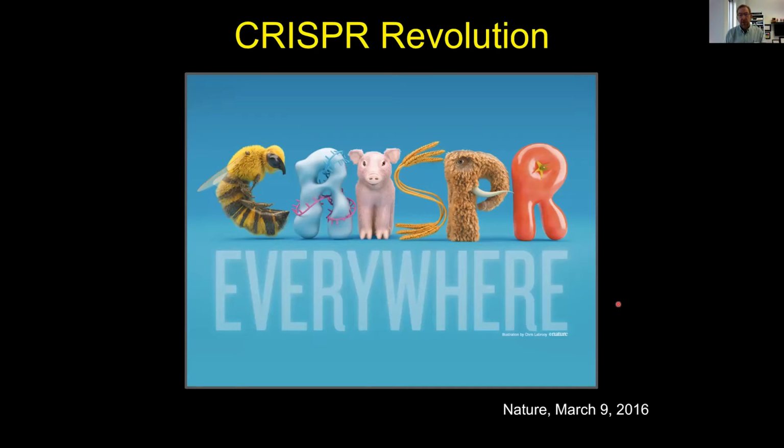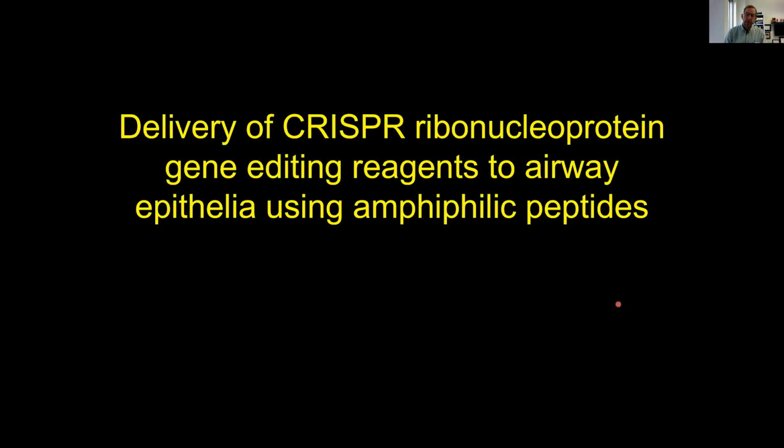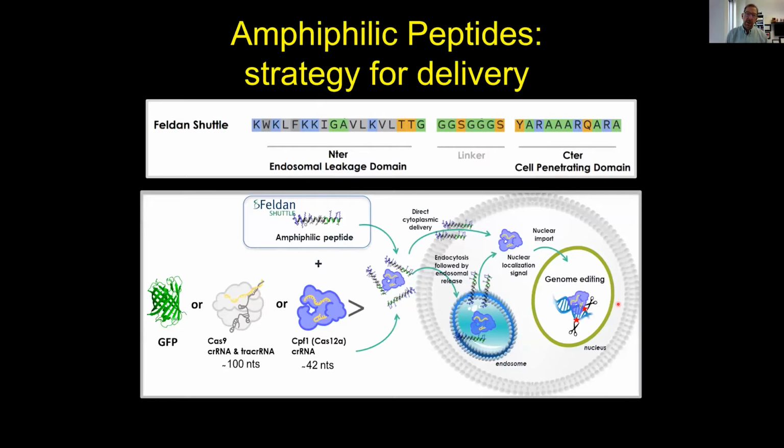I'd like to discuss CRISPR ribonucleoprotein delivery now. And the first strategy we've used is delivery with amphiphilic peptides. This is done in collaboration with Feldon Therapeutics, and their technology uses peptides that have an N-terminal endosomal leakage domain joined by a linker to a C-terminal cell-penetrating peptide domain.